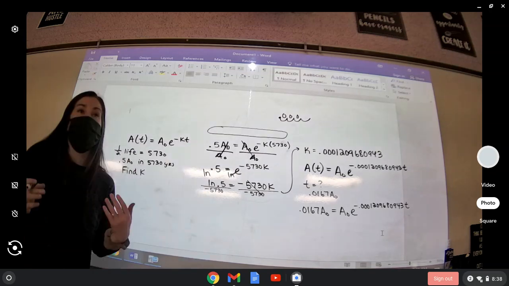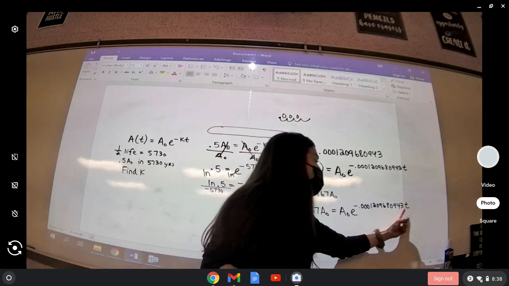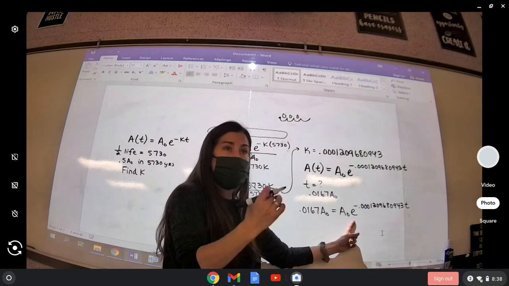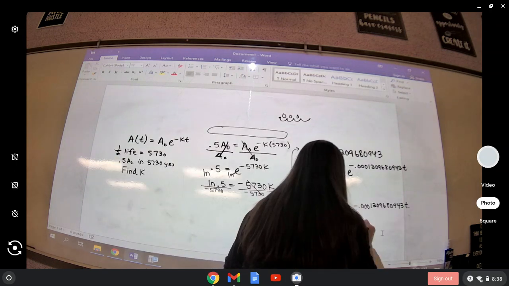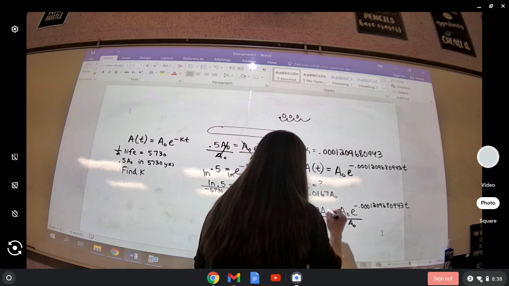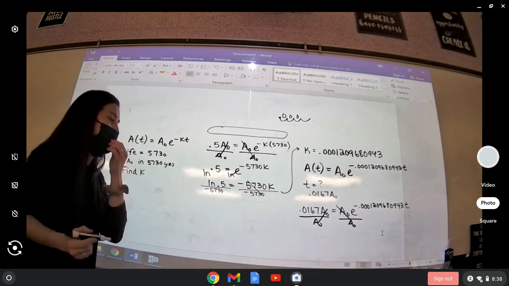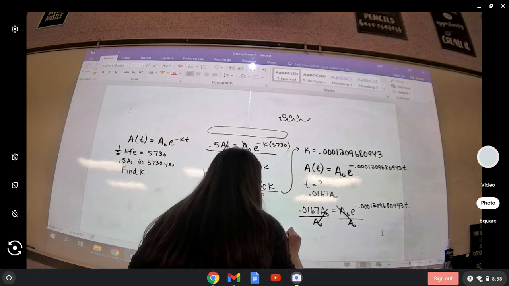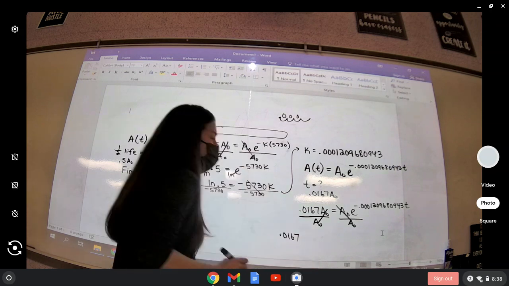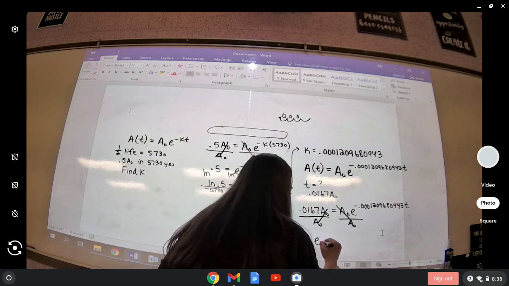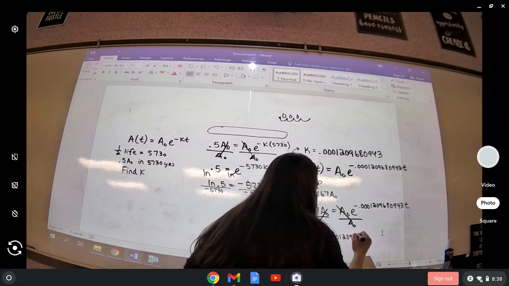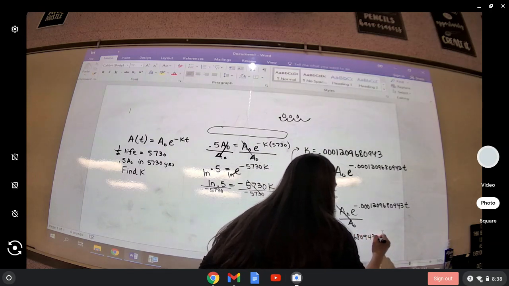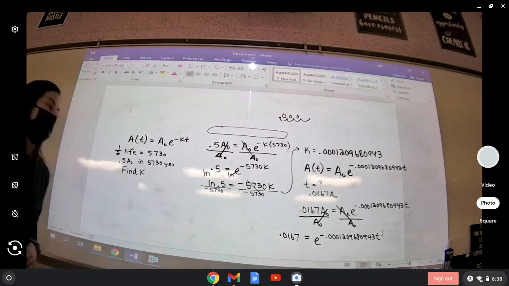All right, so our job is to solve this for t. Like always, if I'm going to solve for t, start getting the base of that exponential by itself, divide out your a sub zeros. That's why we don't need to know the original amount. They divide out regardless of how much it was. And you're left with 0.0167 equals e to the negative 0.000129680943t.